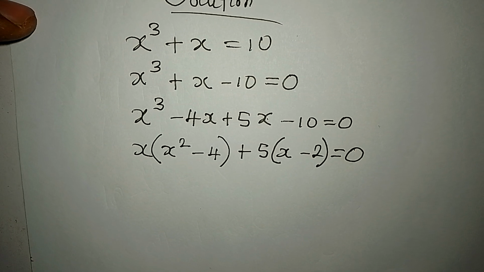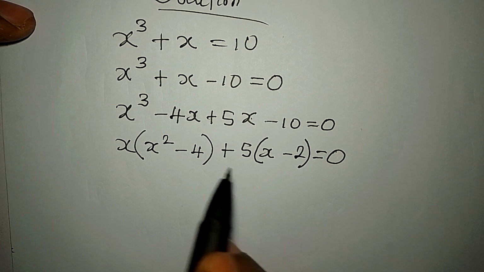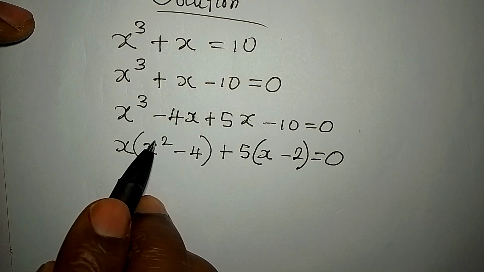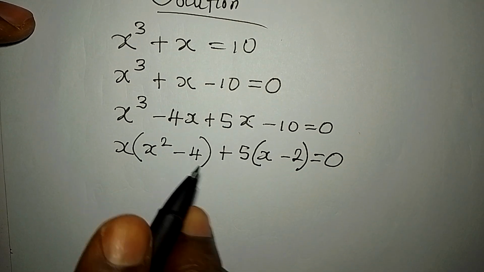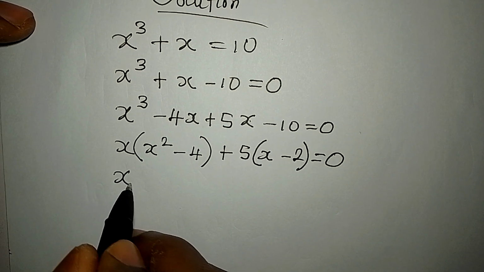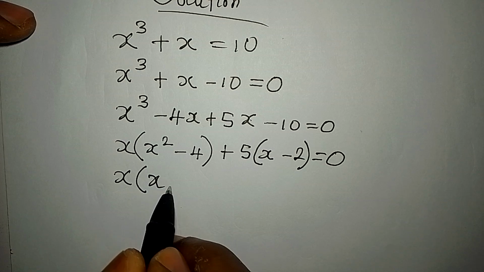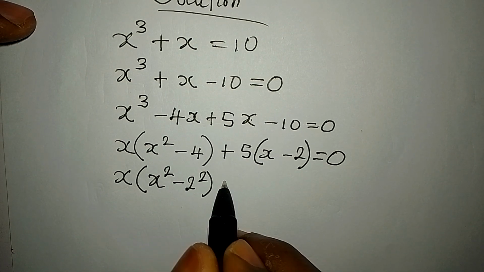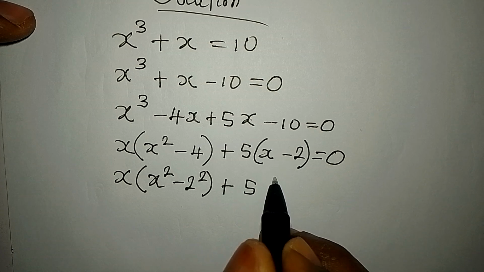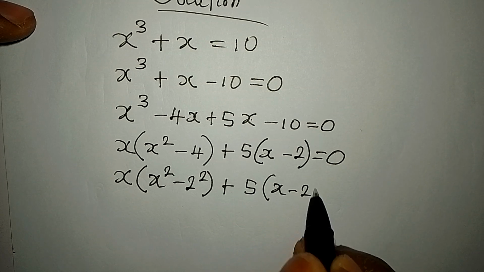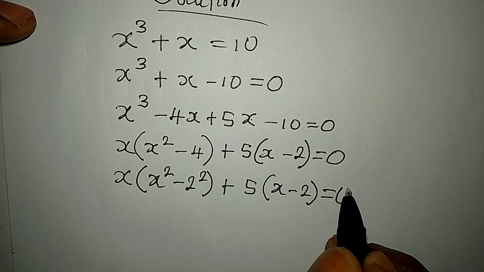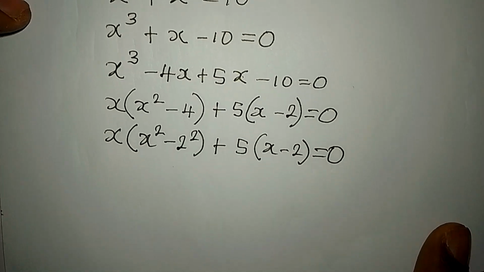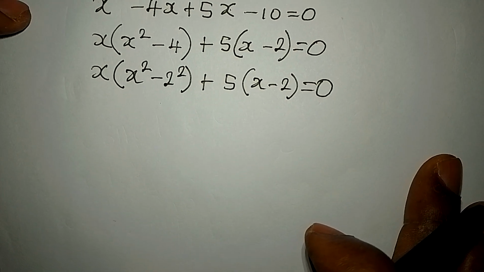Now, what do we do? From here, there's nothing common, but we know that this can be expressed as difference of two squares. So we have x squared minus 2 squared. Then we have plus 5 into bracket x minus 2, and this is equal to 0. Now, what do I do?